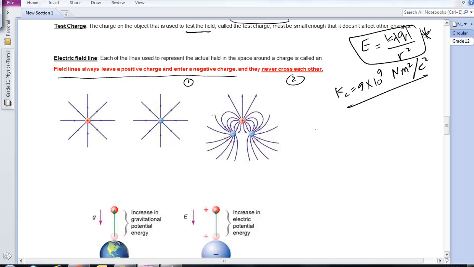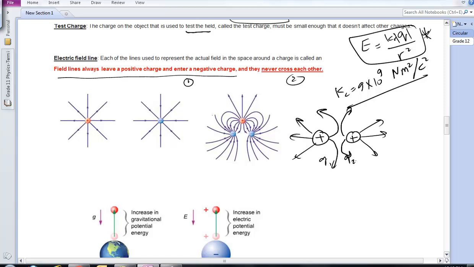If you have two charges, both positive and equal, Q1 and Q2, both of them have an outward direction, and the common lines here should be bent like that because they will repel.